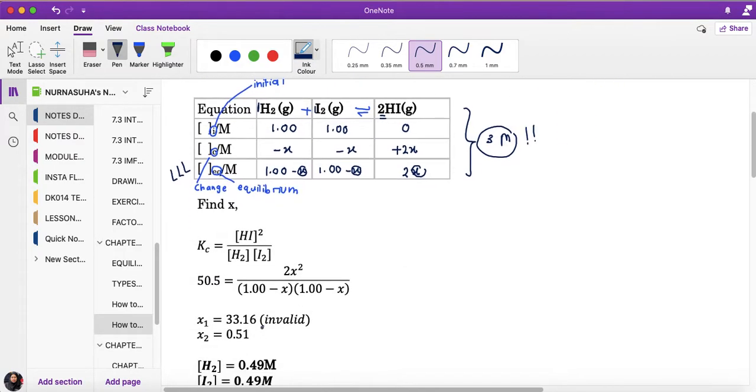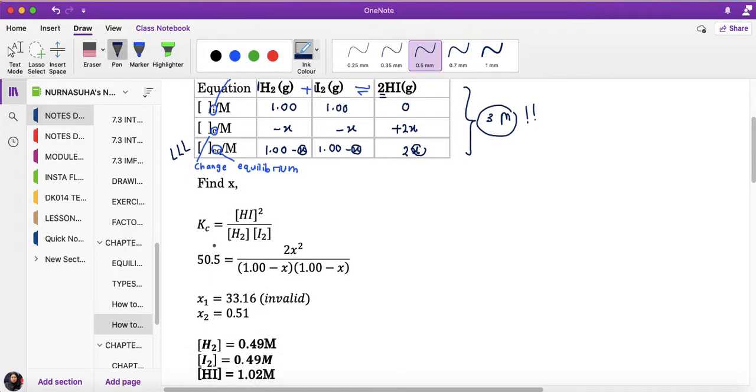Okay. Next, you key in the values. This is the Kc value and the concentration of HI, 2X.